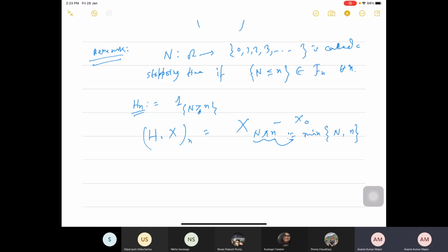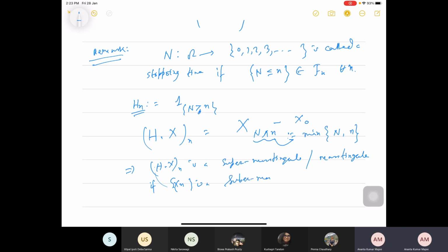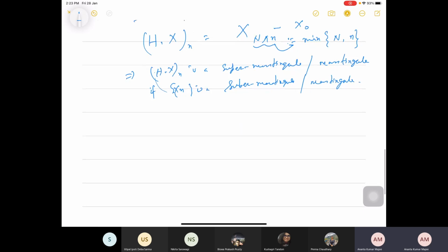So this implies the stopped process X_{n∧N} is a supermartingale or martingale, hence submartingale also, if X_n is a supermartingale or martingale. Okay, so I can also add the submartingale things.